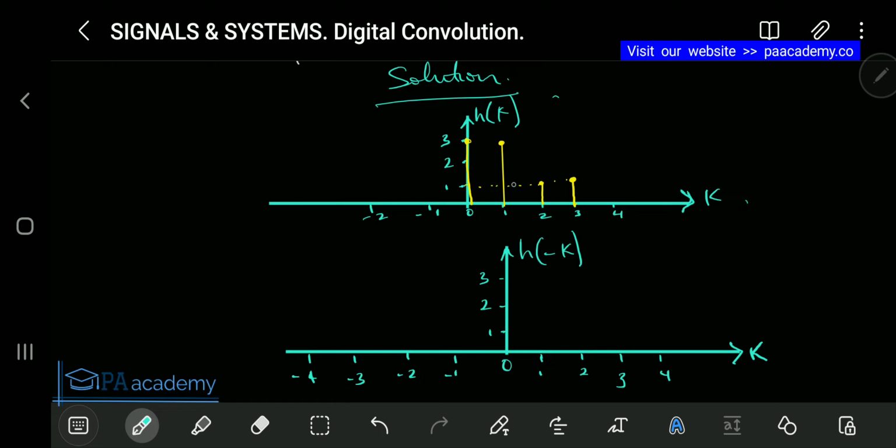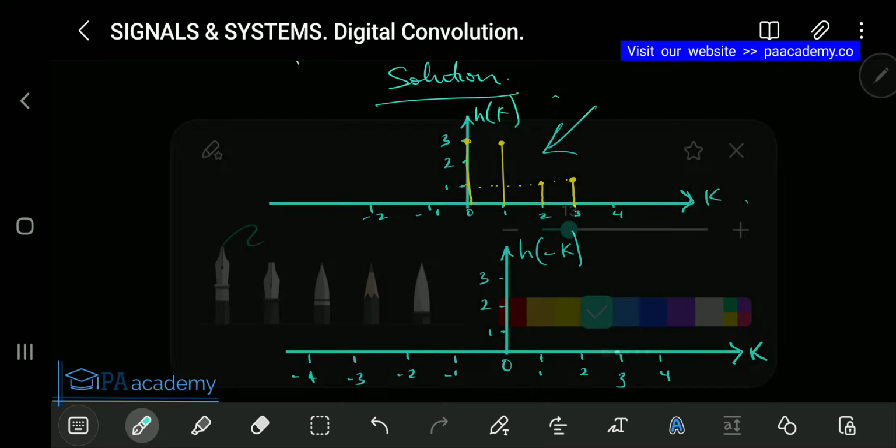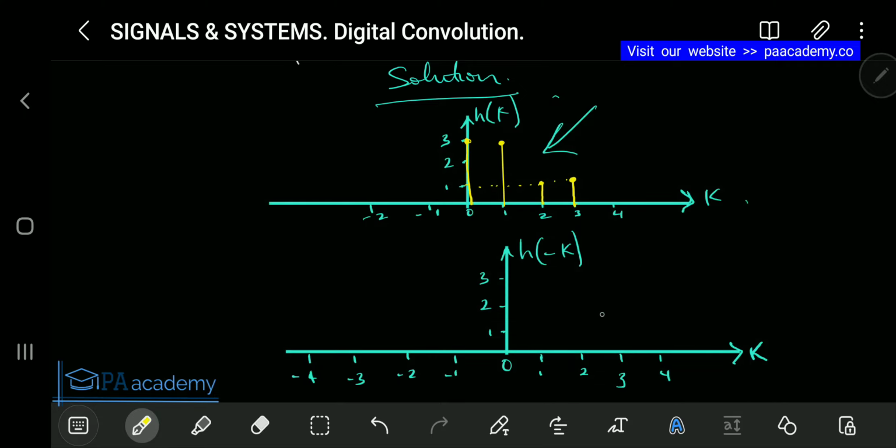So that means you should flip it along the y-axis. If you have to flip this particular signal along the y-axis, this is what it's going to look like. The first one will still remain the same since it's lying on the y-axis itself.